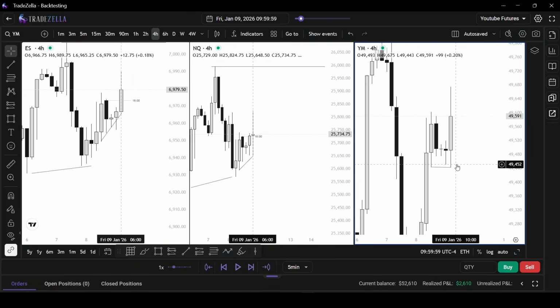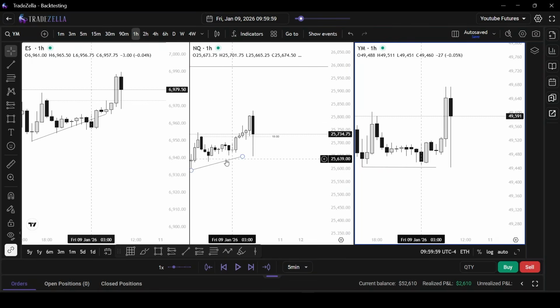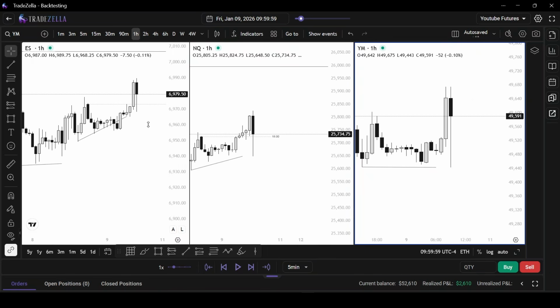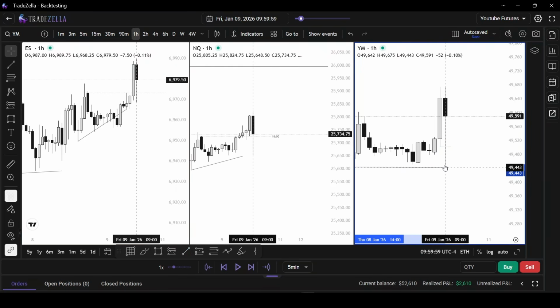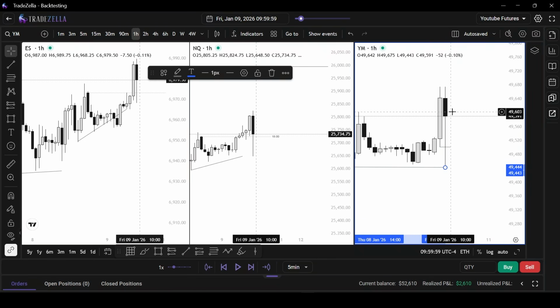You can see we close back within the range of this previous candle, so we can anticipate candle 3 to trade higher, which is the 10 a.m. candle. So we're going to profile that on the 1 hour time frame. You can see we already have a 1 hour fractal model. See this closure. So we are trading candle 3 on the 1 hour time frame as well.